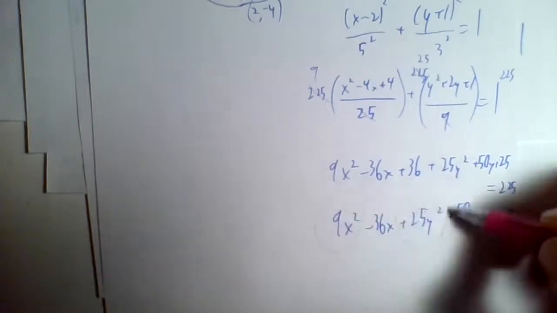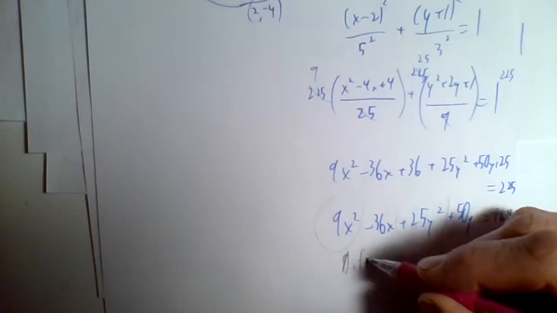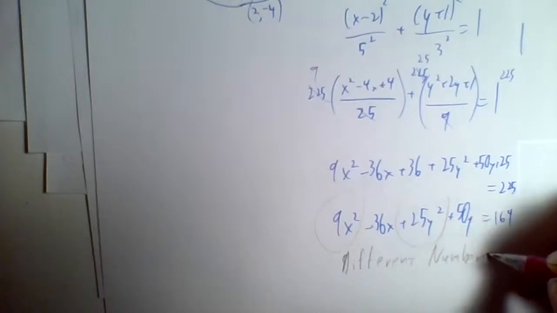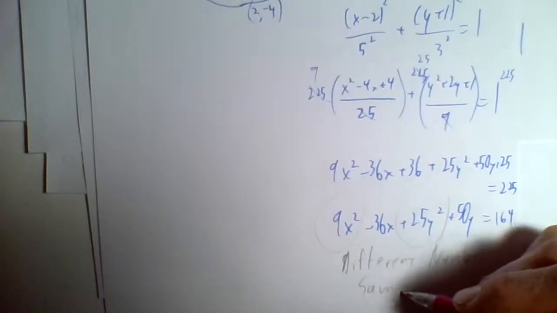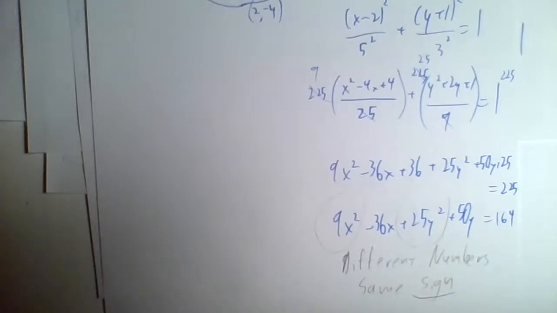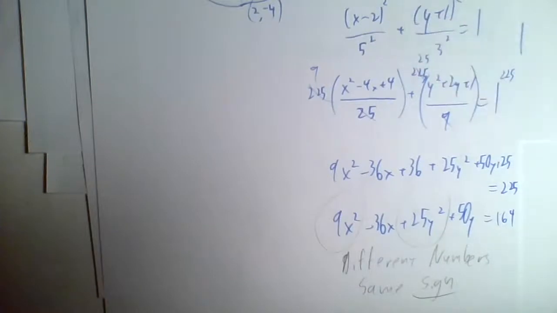The existence of both of these terms with two different numbers but the same sign there. They're both positive, the 9 and the 25. So I have an x squared term and I have a y squared term with different coefficients with them, but the same sign. That's always going to turn into an ellipse. Then I can push it around into this form and have an ellipse equation.